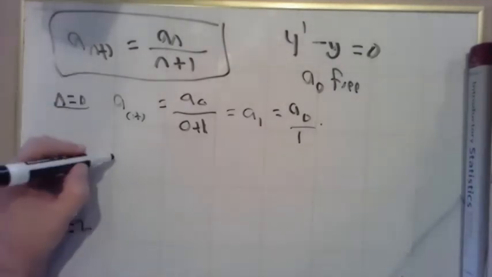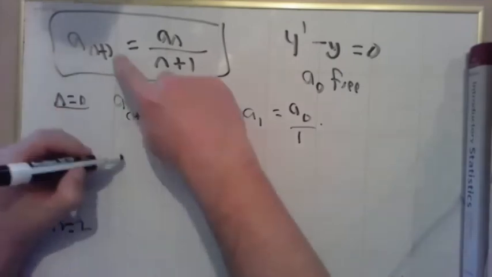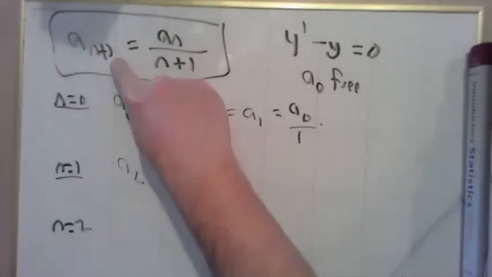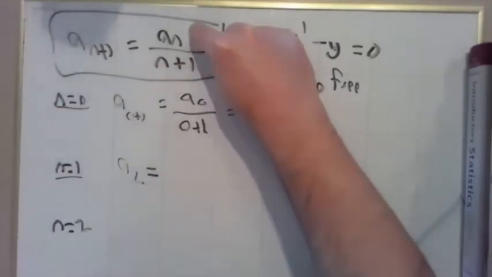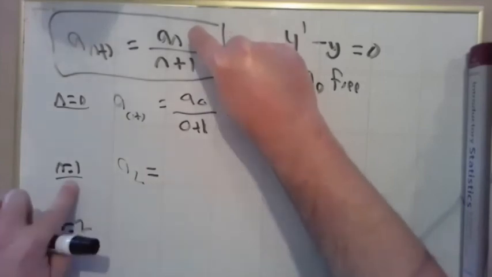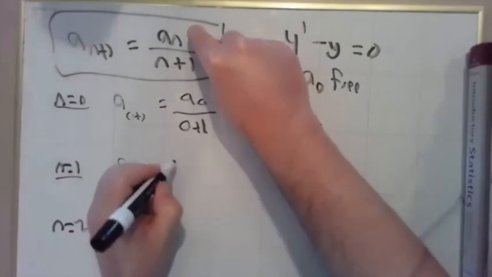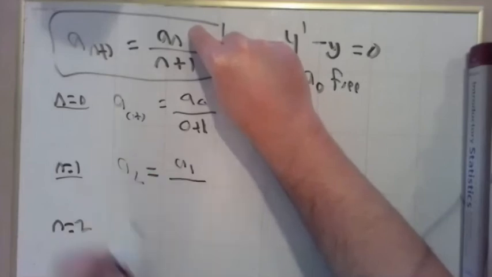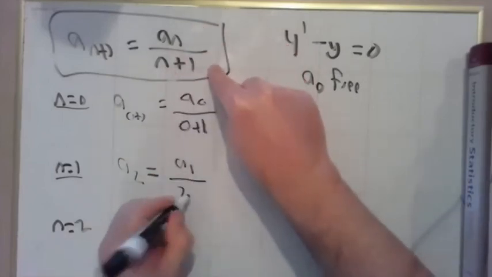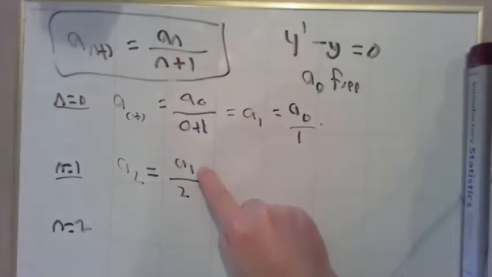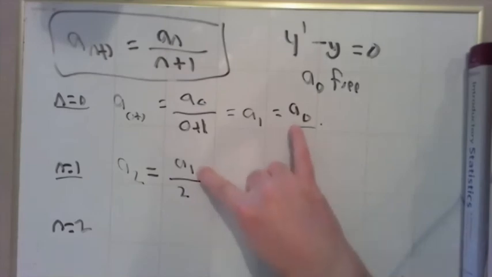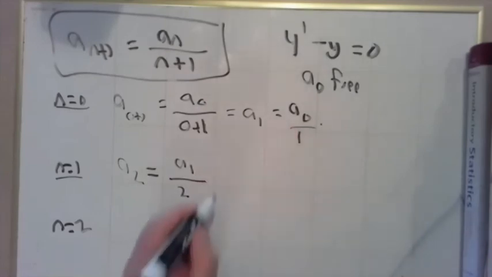Plug in a1. So we do it a little quicker now. A2 would be A1, n equals 1, over 1 plus 1, 2. But wait a minute, I know what A1 is. I just wrote it. It's right here.